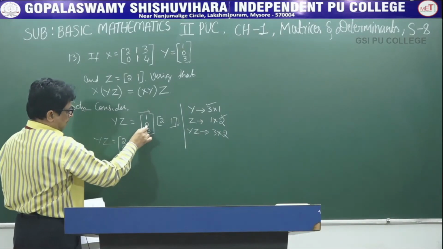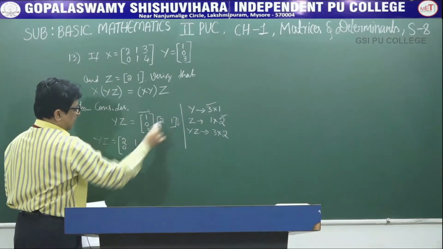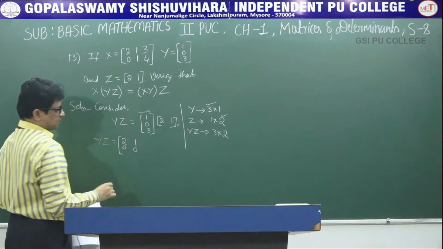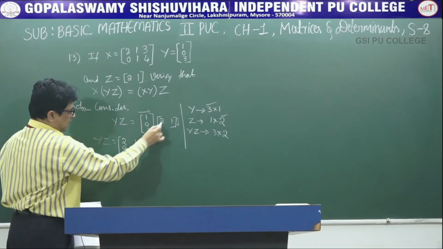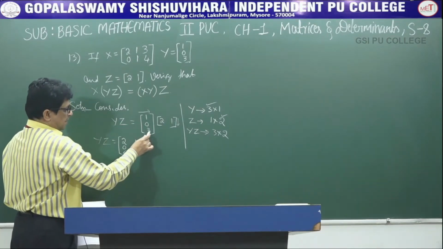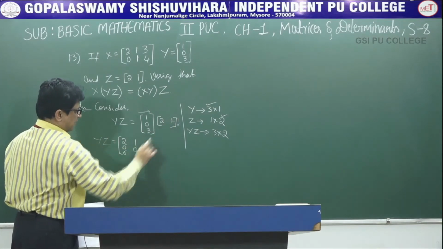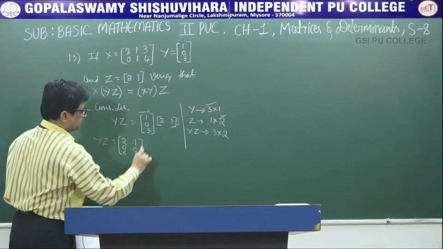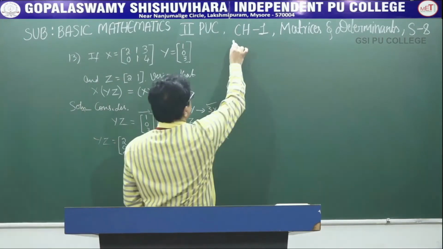Next, second row into second column, 0 into 1, 0. Next, third row into first column, 3 into 2, 6. Next element is third row into second column, 3 into 1, 3. So, this is YZ.